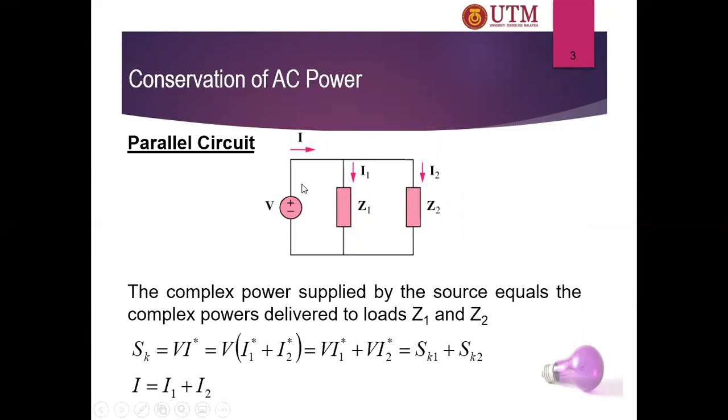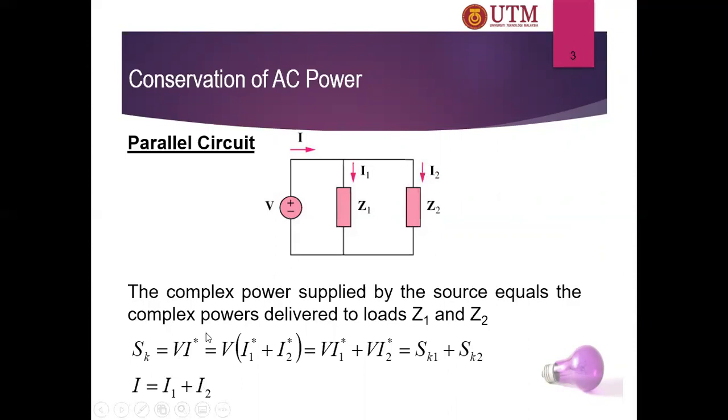We have a voltage source and two elements acting as the load, Z1 and Z2, and the current divides into I1 and I2. The complex power for the source can be computed using the voltage source itself multiplied by the conjugate of the source current. And from the current divider rule, the source current is equal to I1 plus I2.